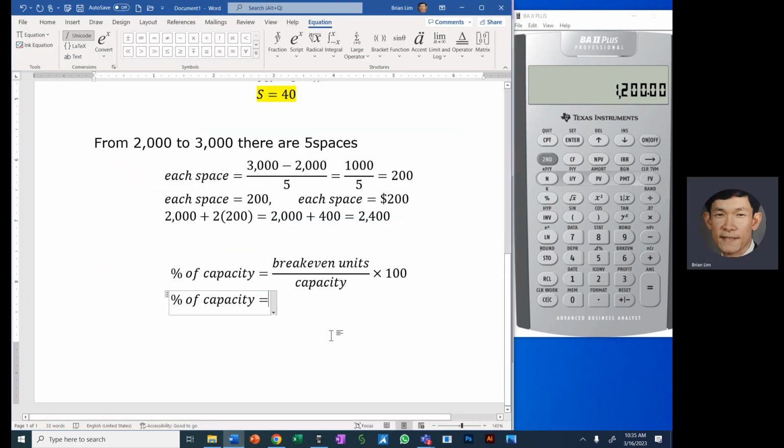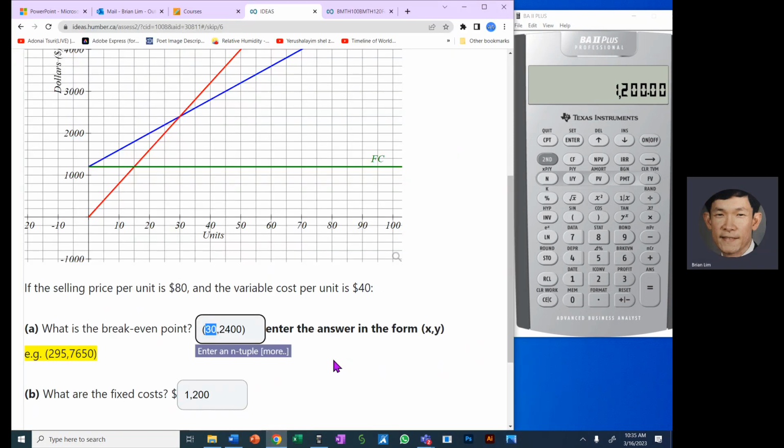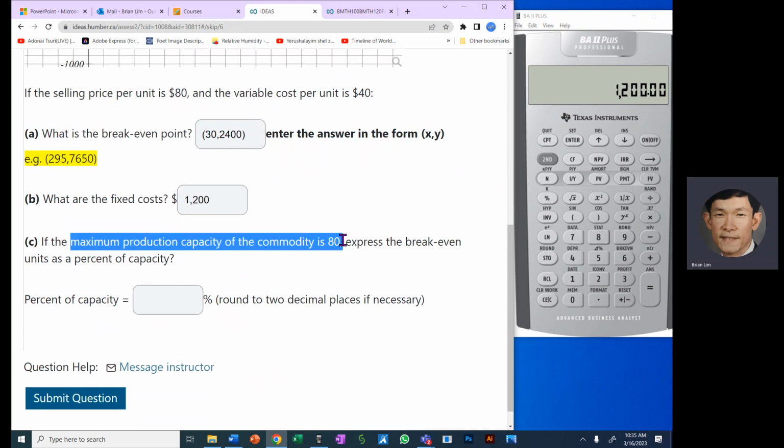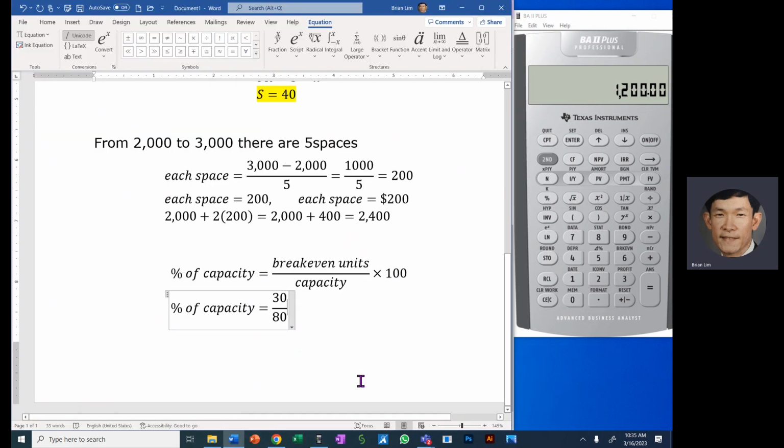So that is the number we will put in. So it's 30 and capacity was 80. Let's go back and see. It says that the maximum production capacity is 80, right? So those are the two numbers that we have, 30 and 80. And then we will go and multiply that by 100. And we get a number.